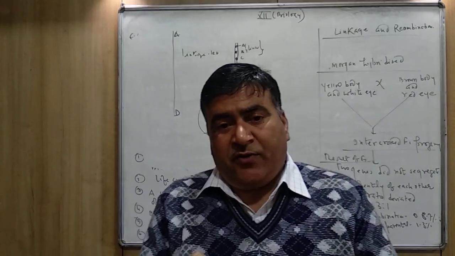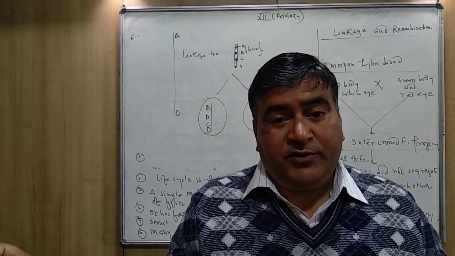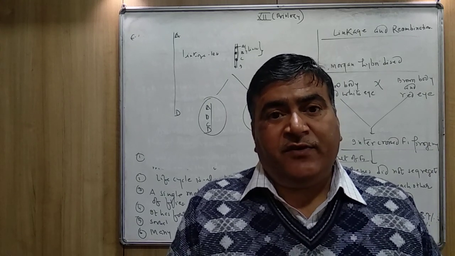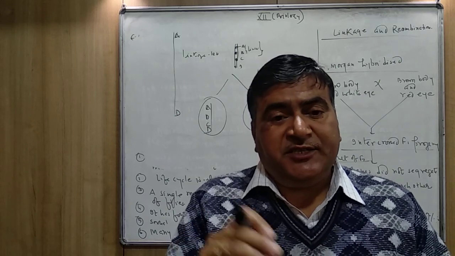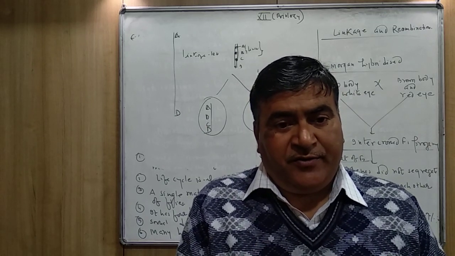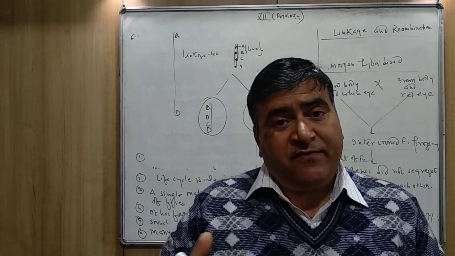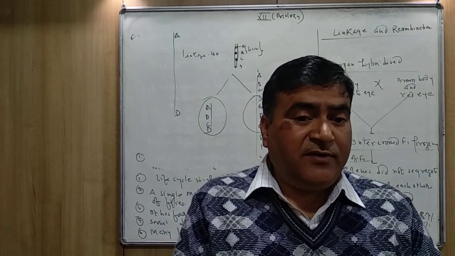If the genes are located so far from each other, the linkage will be less and recombination will be more. If the genes are located very close, the linkage will be more and recombination will be less.